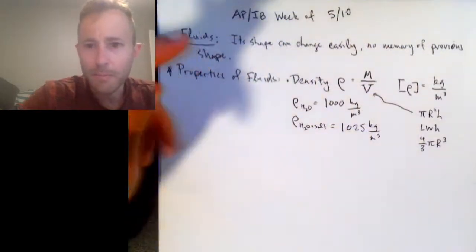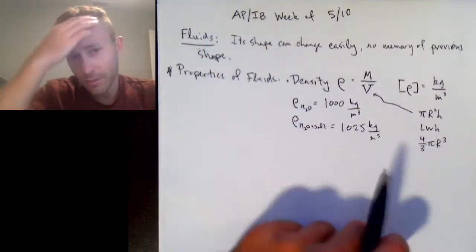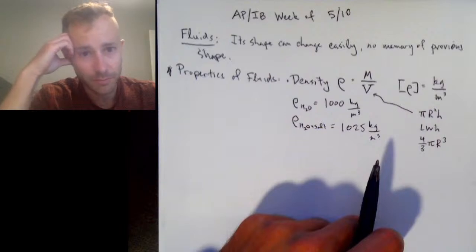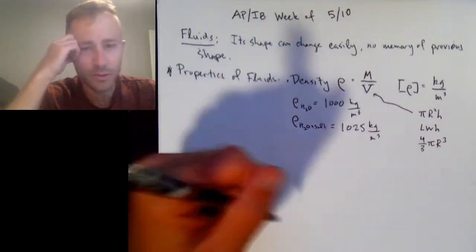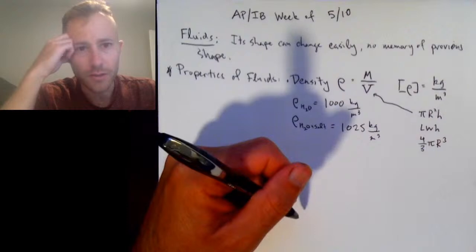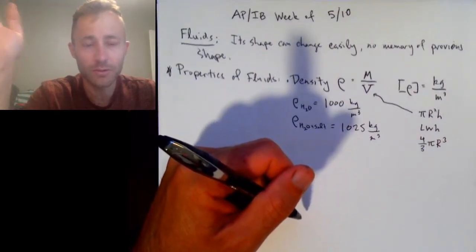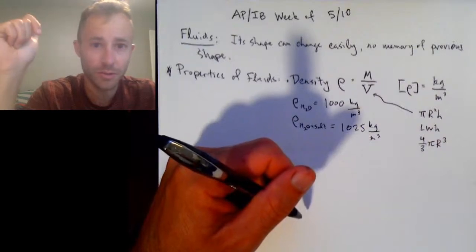It's actually interesting. The saltier the water is, the denser it is, right? That's what this equation is saying. And so this actually drives ocean currents, is one of the drivers of ocean current. The other one being temperature.